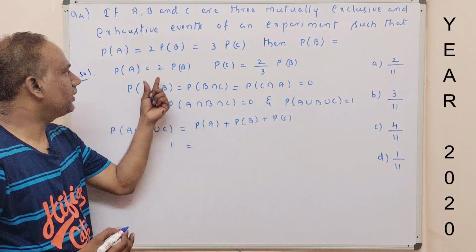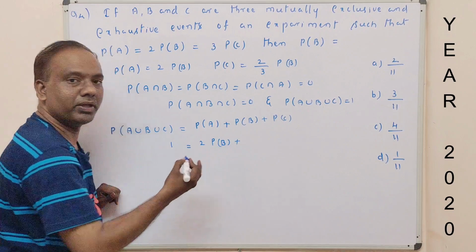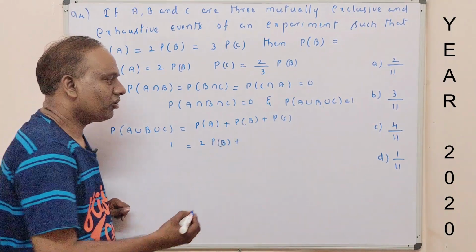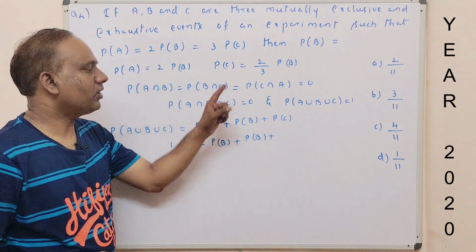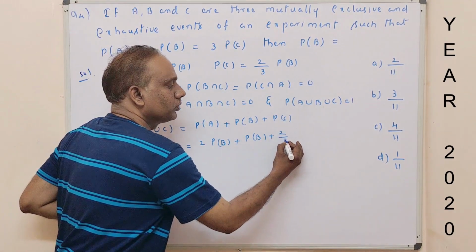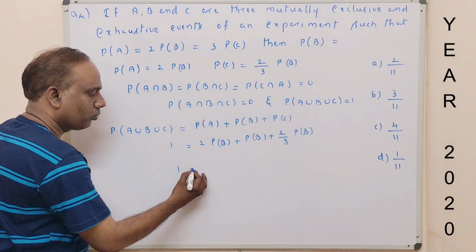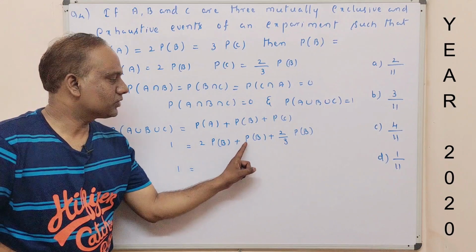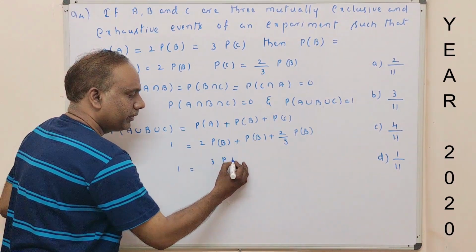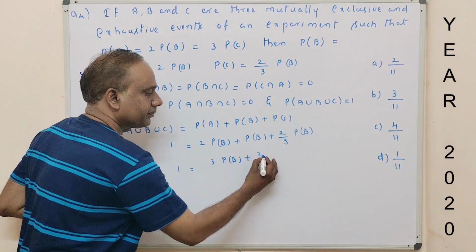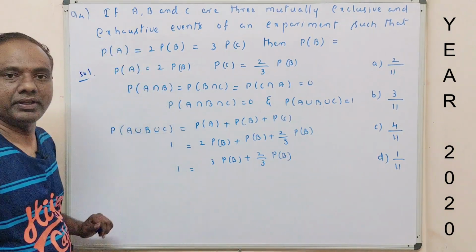It is P of A. P of A is equal to 2 into P of B. We need only P of B value, that's why this P of B you write as it is, and P of C. P of C is equal to 2 by 3 P of B. Now 1 is equal to 2 plus 1, 3, no? 2 P of B, and P of B means 3 P of B plus 2 by 3 into P of B.